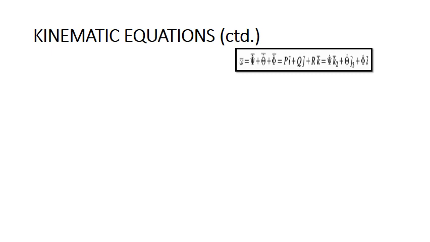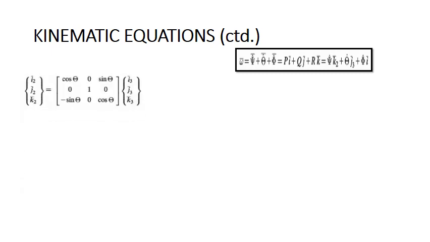The rotation matrix R2 is used to correlate i2, j2, k2 with i3, j3, k3. So this is the rotation matrix R2.